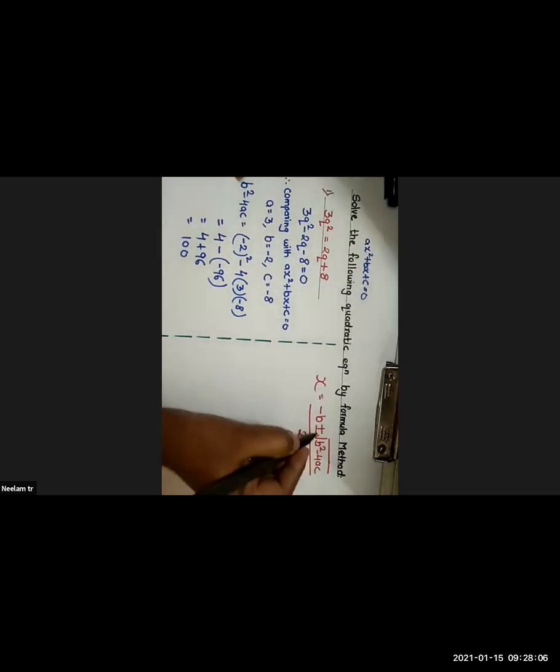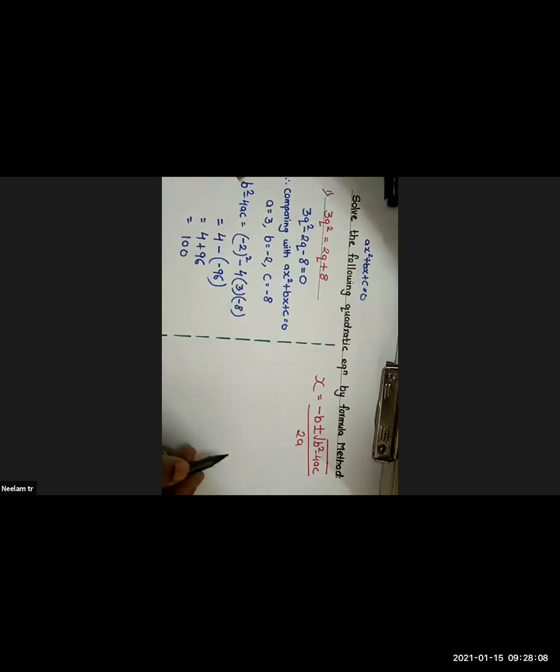The next step. I hope you all remember this formula. X is equal to minus B plus or minus root B square minus 4AC divide by 2A. This is your formula in the formula method.